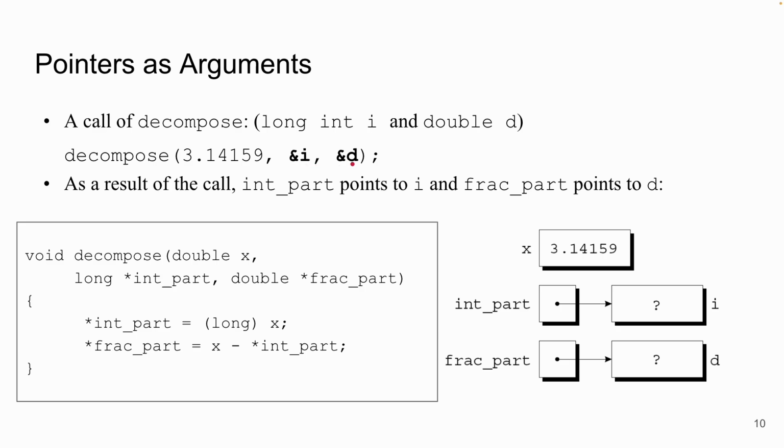And how do we get the address of i and d? Please don't forget the address operator. That is why we put the address operator here to get the address of i and the address of d. So the value of an address can be assigned to the pointer variable.